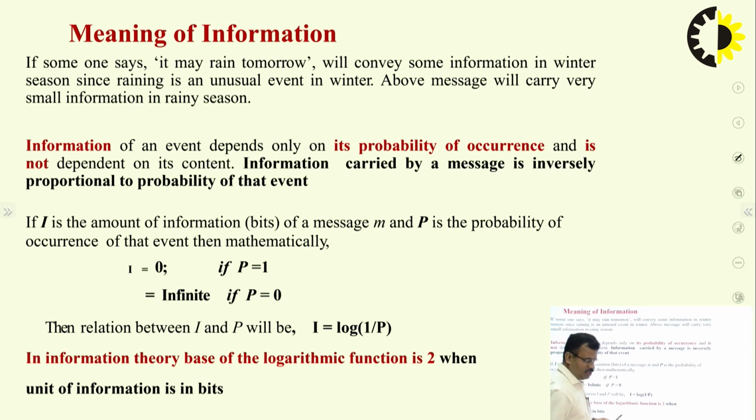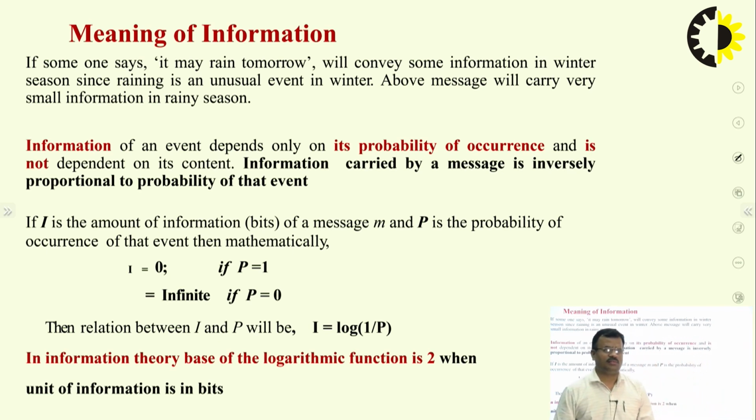Now, meaning of information. I am talking again about information theory. At first we have to understand what is the meaning of information. Information क्या है? Always our information of any event depends upon the probability of that event occurrence. Like, if someone says it may rain tomorrow in winter season, we will convey some information, since raining is an unusual event. But if I say it may rain tomorrow in rainy season, it is usual.